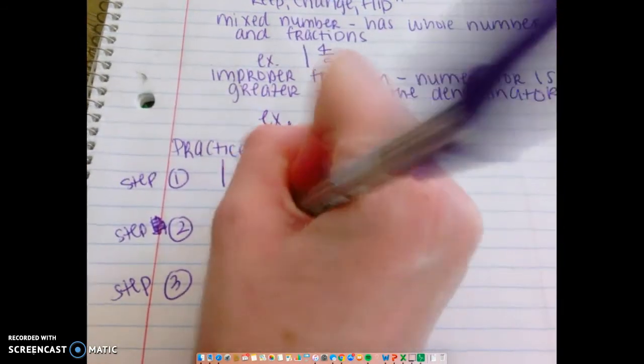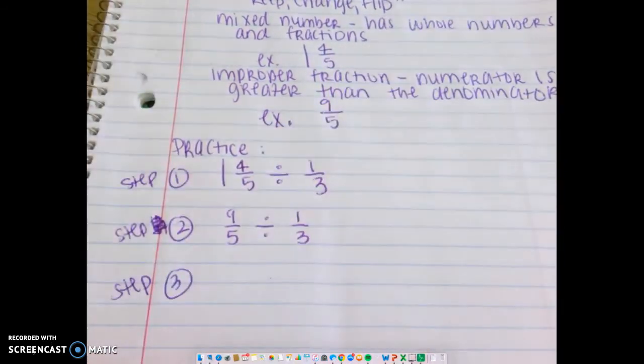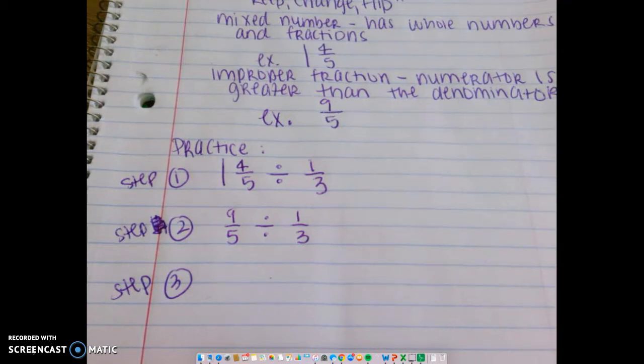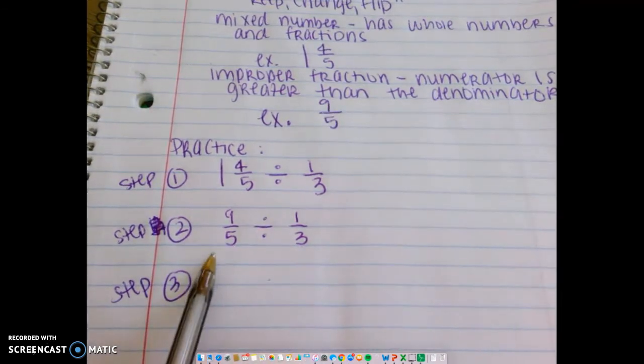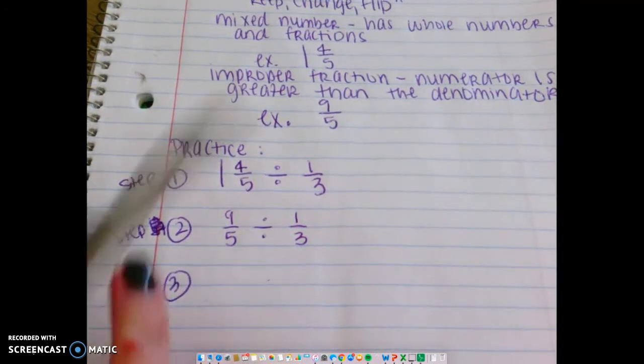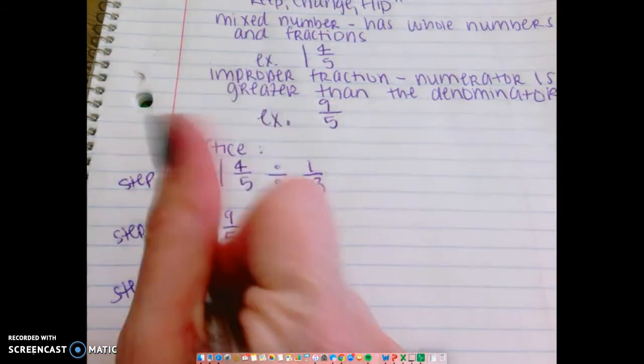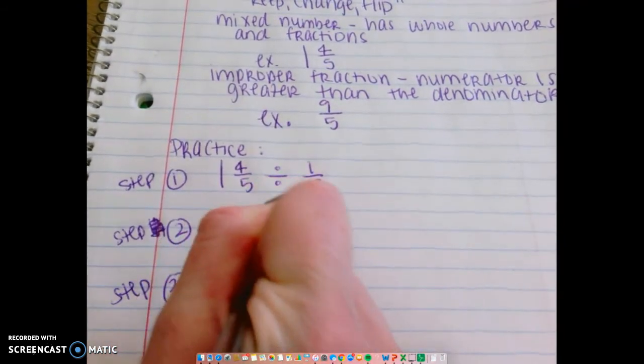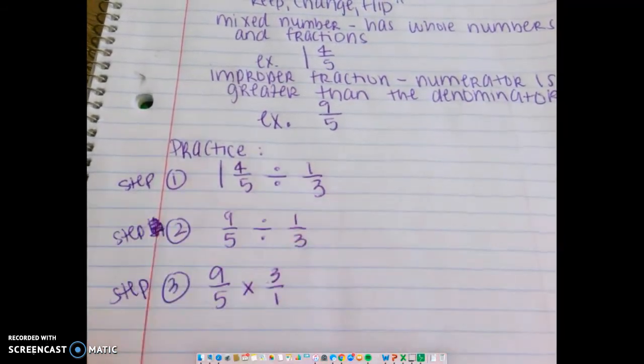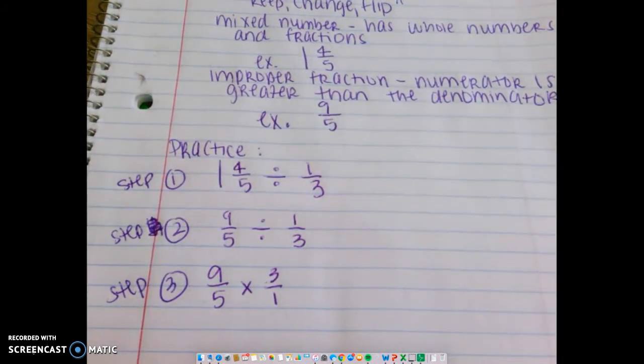And so my new problem looks like 9/5 divided by 1/3. For now, I want us to rewrite the problem as a division problem with improper fractions before you flip. Now that I have fractions that only have numerators and denominators and I don't have any whole numbers, now I can rewrite, I can keep, change, flip, and then solve.